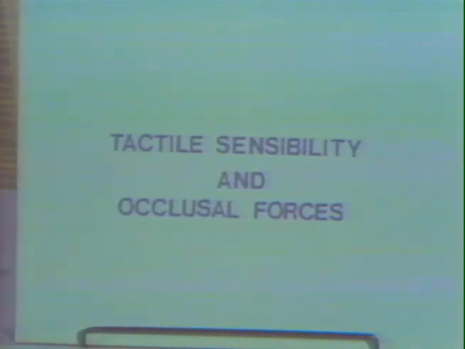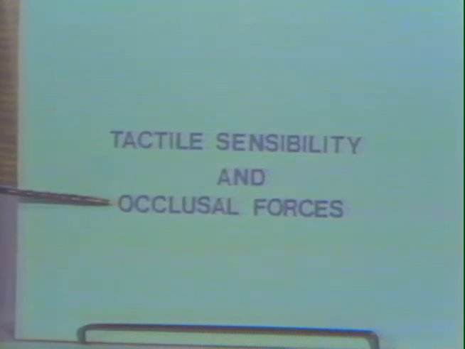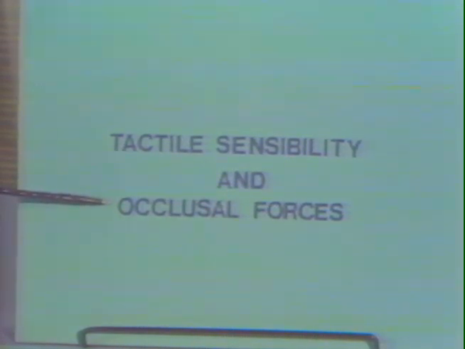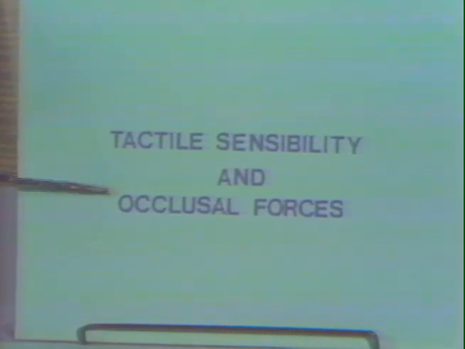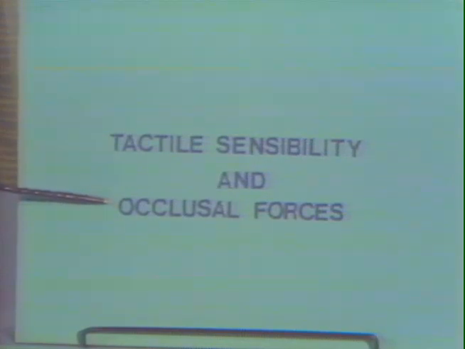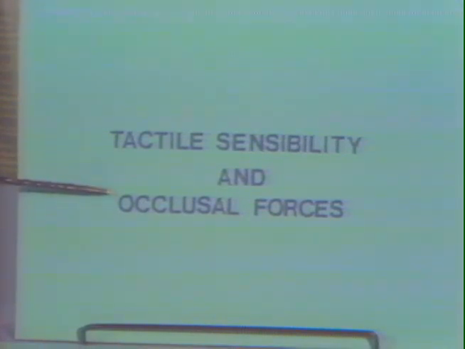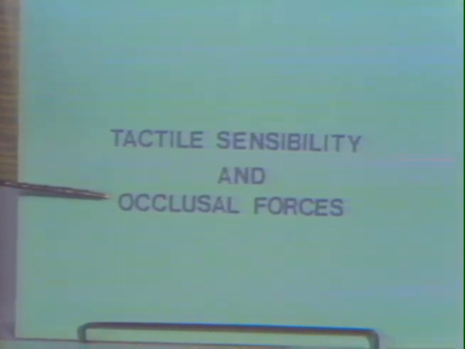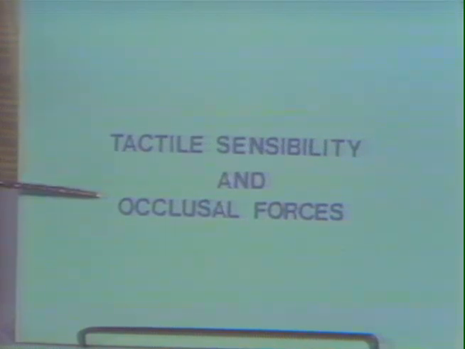Now, another thing is, what is the normal amount of force which the periodontal membrane can detect. Well, the average amount of force that the periodontal membrane can detect is approximately 1.5 grams. However, many people with normal dentitions will be able to detect something in the range of 600 milligrams.